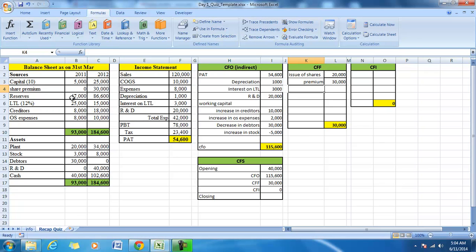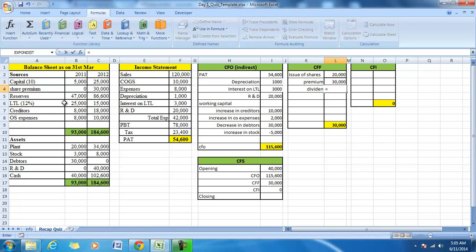The reserves have changed, but not to the extent of the PAT. So that means we have paid the dividend. The change in the reserve will be treated as the dividend here.